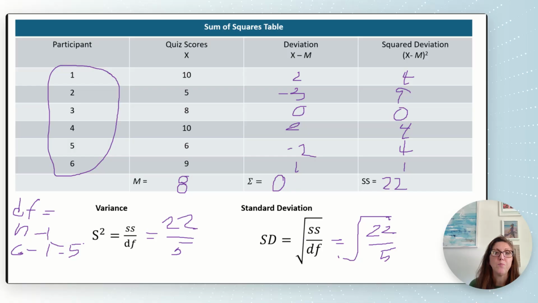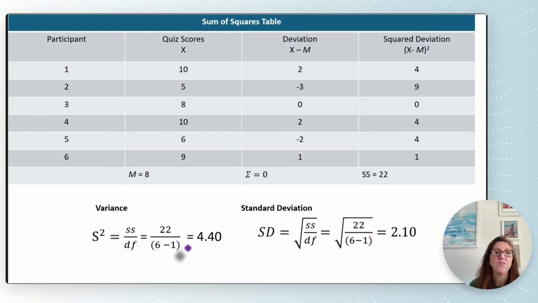What that ends up being for our variance is 4.40, which is just the squared distance from the mean, which doesn't really give us a whole lot of intuitive information. But when we take the square root of our sum of squares divided by our degrees of freedom, which is essentially variance, we get 2 point and then a bunch of digits after that. We're going to round it to 2.10.